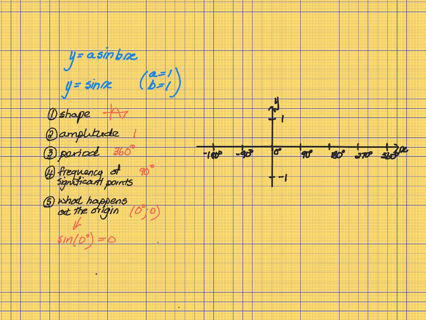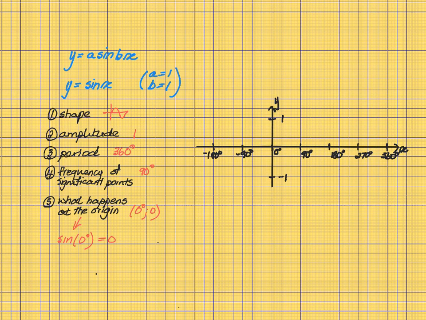So I know what the basic shape of this function is going to look like. I know the amplitude is 1, and I'm going to discuss that a bit further later. The period is 360 degrees, which means the pattern of the function repeats itself every 360 degrees. Significant points at 90, and at the origin, the value of the function is 0. And that is where I'm going to start.